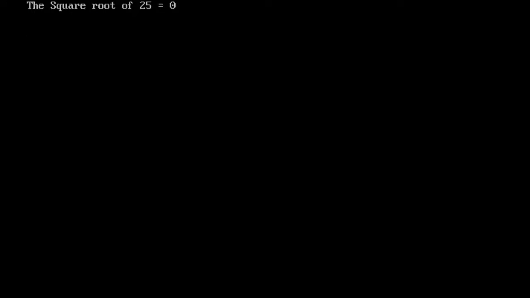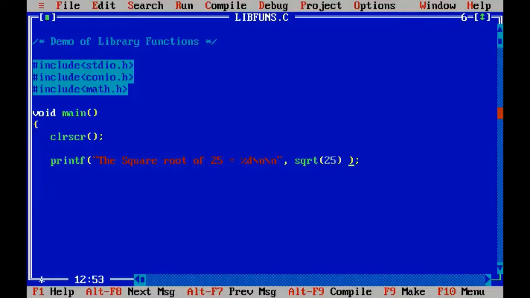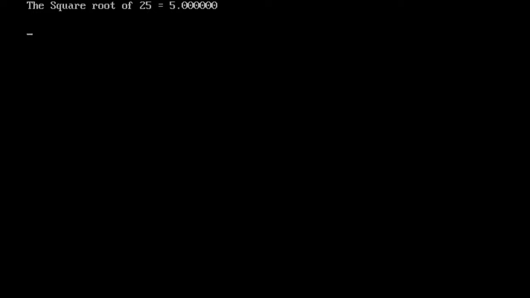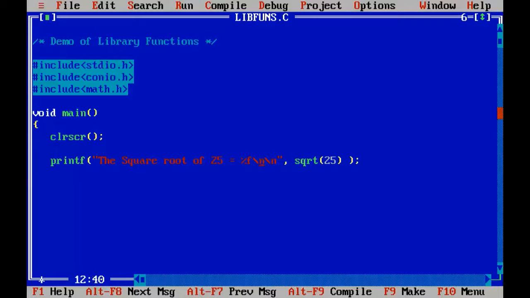The square root of 25. Sorry, I made some mistake. Okay, so this should not be %d here. This should be %f, yeah, %f will work. I think Control F9. Yeah, the square root of 25 is equal to 5 because the return type of this function is in the form of a floating number, right?